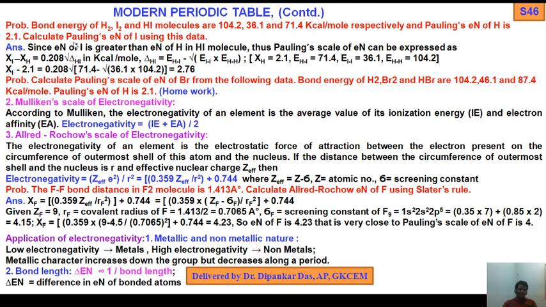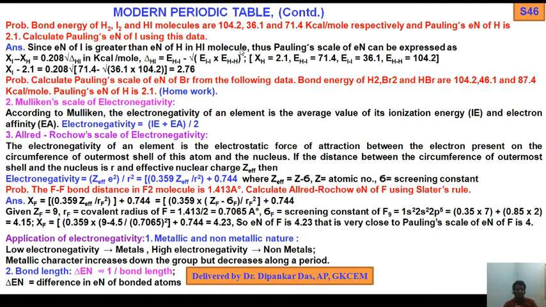Okay. So problem: the bond energies of H2, I2 and HI molecules are 100.2, 36.1 and 71.4 kilocalorie per mole respectively, and the Pauling electronegativity of hydrogen is 2.1. Calculate Pauling's electronegativity of iodine using this data.